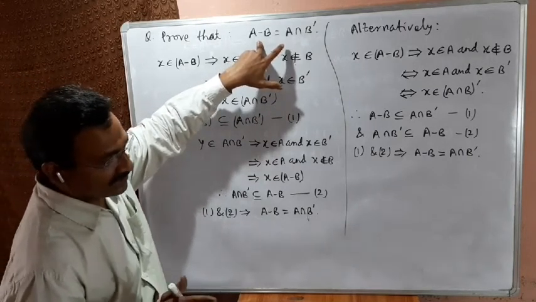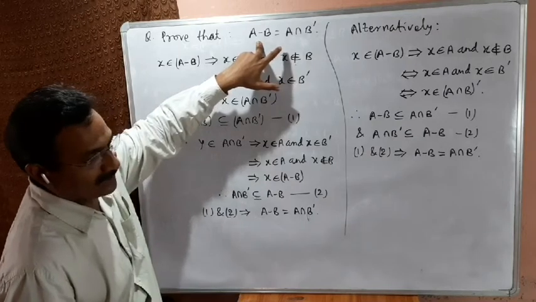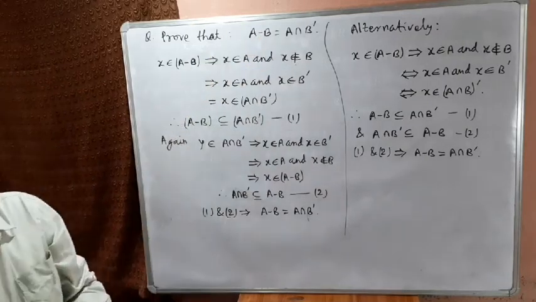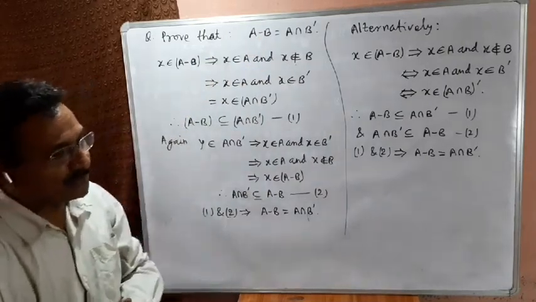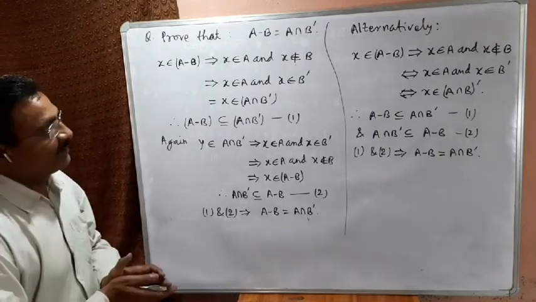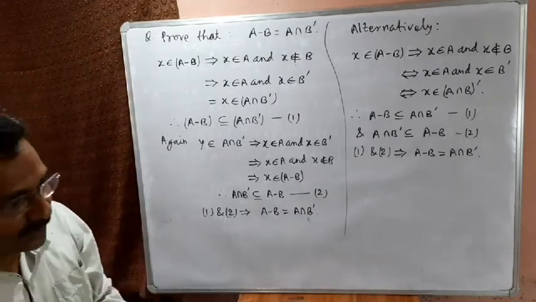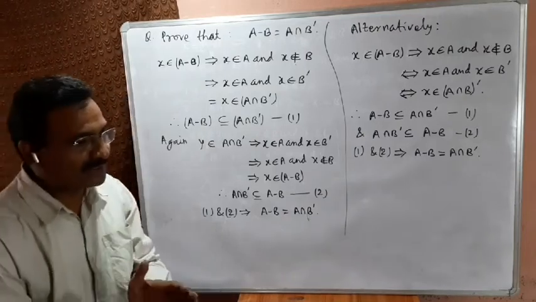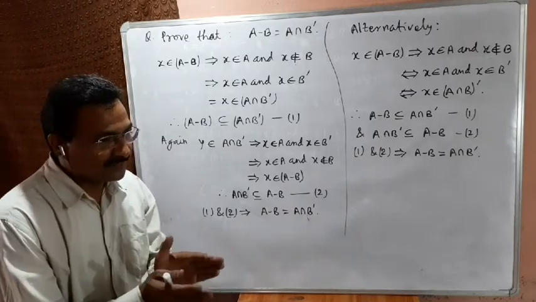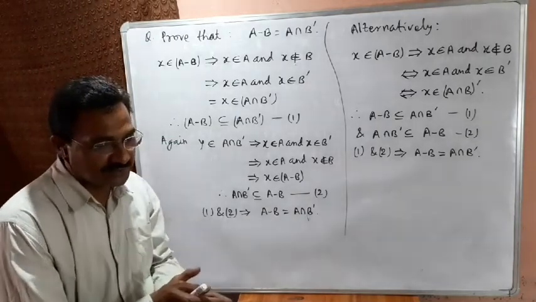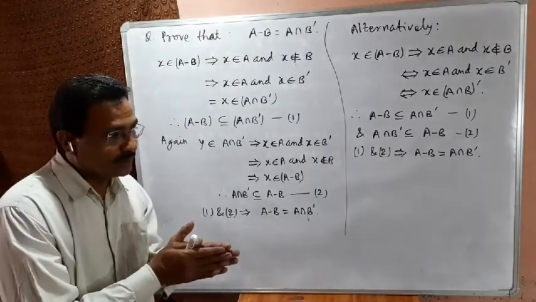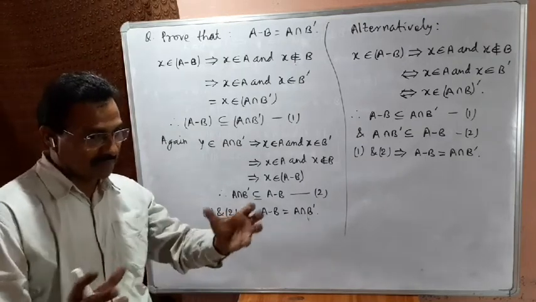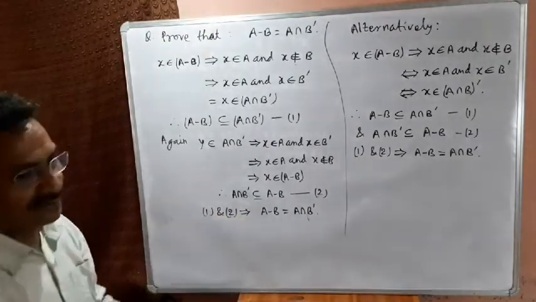Understand? If we show that A is a subset of B and B is a subset of A, then from these two results we can conclude that these two results are possible only when A equals B. Because A is a subset of B implies all the elements of A are also the elements of B, but this does not imply all the elements of B are also the elements of A. But if we show that B is also a subset of A, then all elements of A are elements of B, and all elements of B are elements of A. It means both are exactly the same, means both are equal.